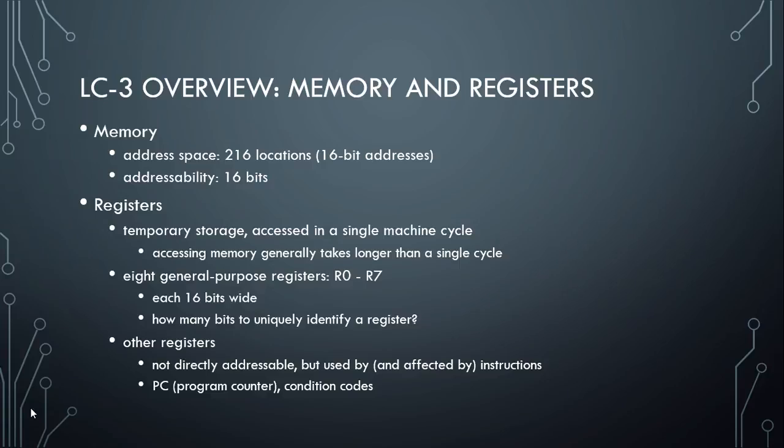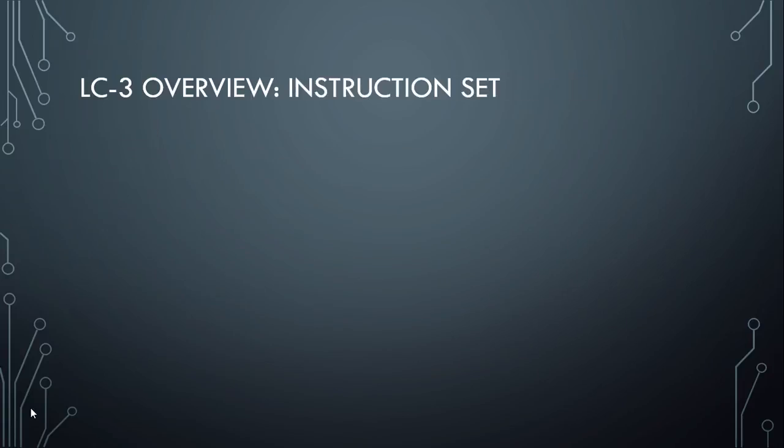You can probably figure out how many bits that would need to be. And of course, there are other registers which are not directly addressable, but are used by and affected by instructions. There's also the PC, or the program counter, and condition codes.